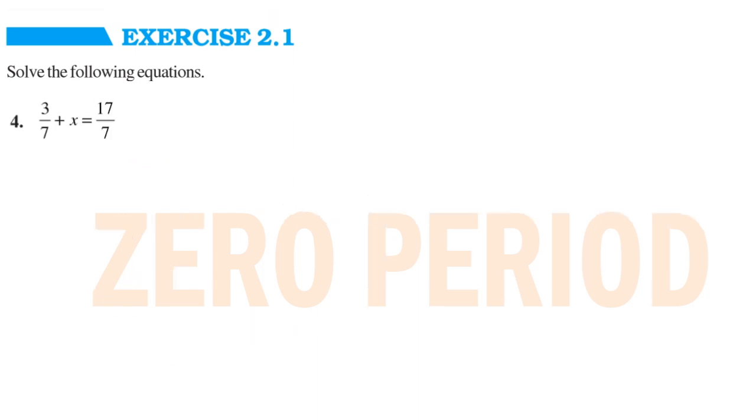Now come to the next question. Fourth question, a little different from previous ones. This time you get rational numbers in the terms of constants. So only one variable is here, x, that is x equal to, I am just transposing 17 upon 7 minus 3 upon 7 by transposing.